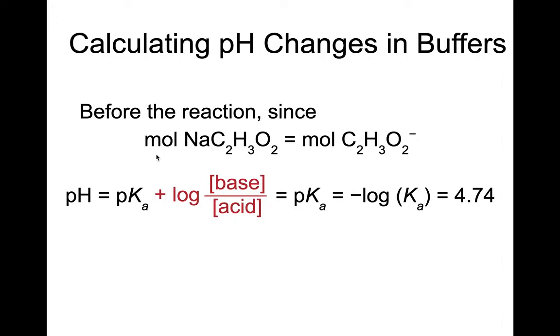Before the reaction, the moles of sodium acetate are going to equal the moles of acetate ion in solution. This is a strong electrolyte, so however much we have equals the amount that dissociates into ions. And we know that we added 0.3 moles of this. We also know that we added 0.3 moles of acetic acid. This will be important in a moment.